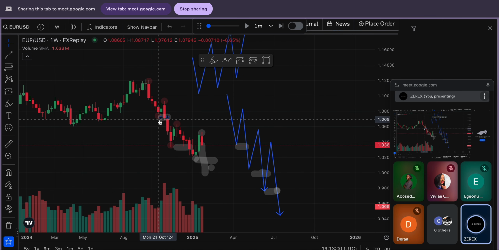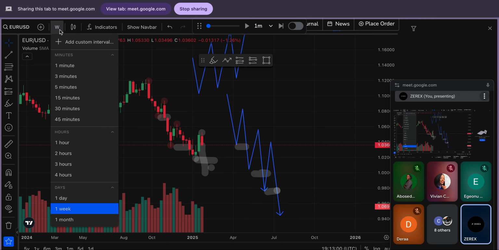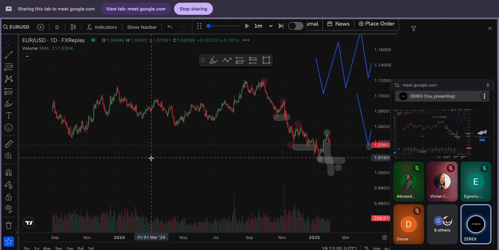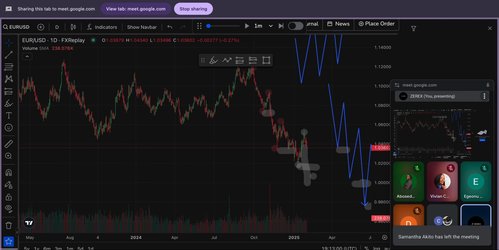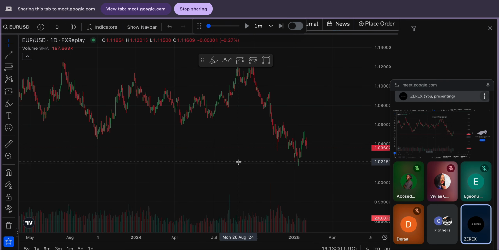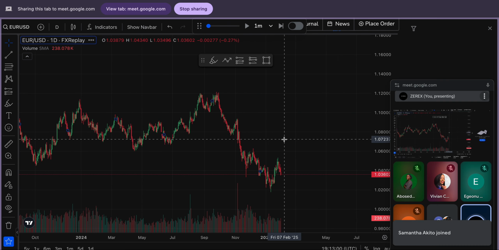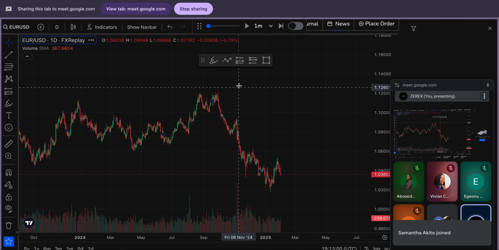Once I see something like this, the next thing I want to do is take my trade from the weekly. I know I am looking for a bearish move now. So I come down to the daily. From the daily time frame, what is the market doing? You see, it's clear now. Let me delete all this drawing. With the daily time frame, you can easily see the exact thing that I'm saying.